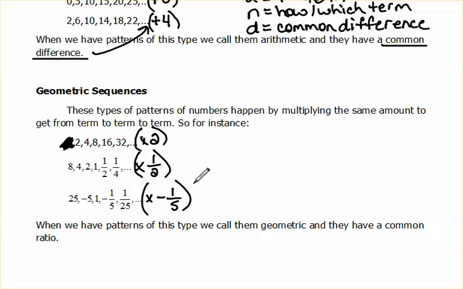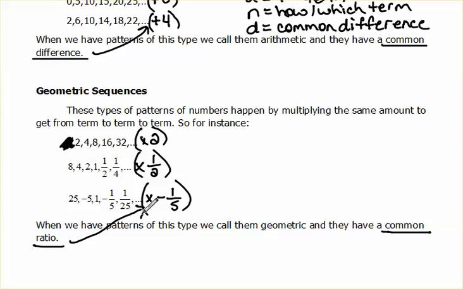Now, we do that because when we have patterns of this type, we call them geometric, and they have what we call a common ratio. So that common ratio is what we're multiplying by in order to get from term to term to term. It just has that special name of common ratio.